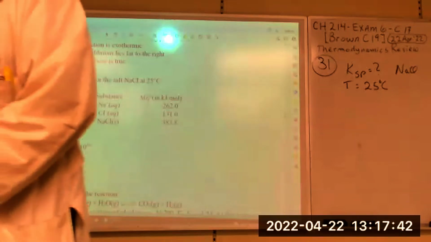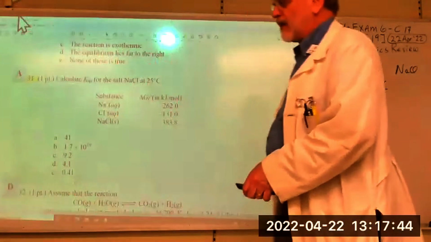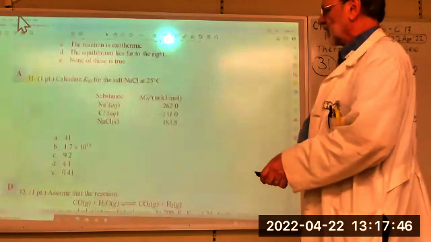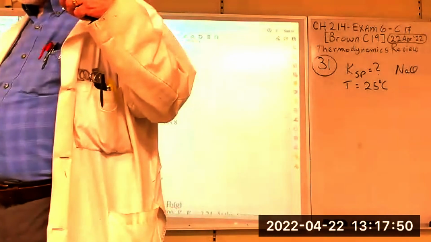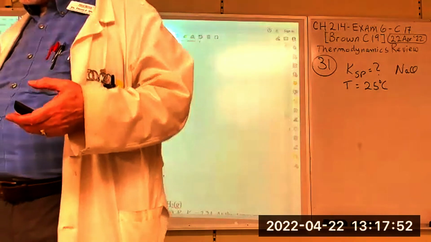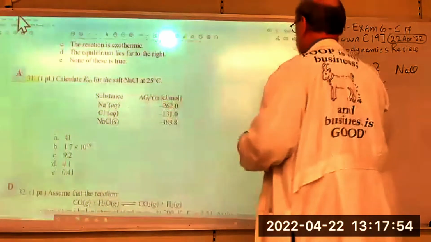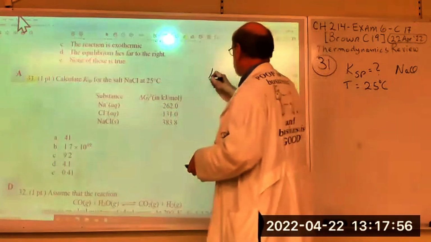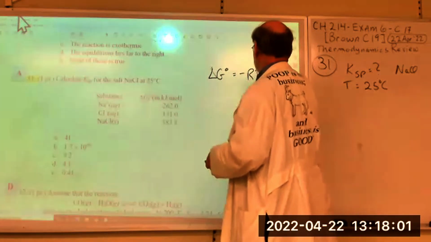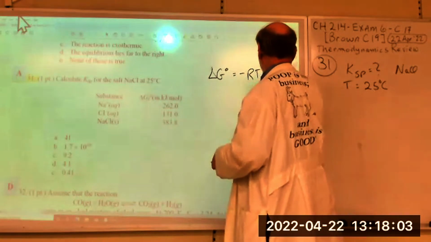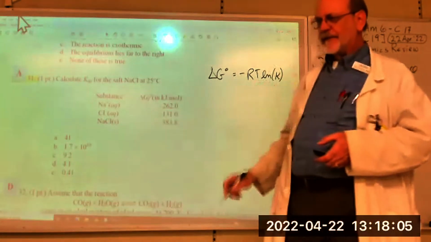Okay, this is a two-step problem. In order to determine the K value, we go back to a formula. I'm going to write it over here. Minus RT log K. Here we go.